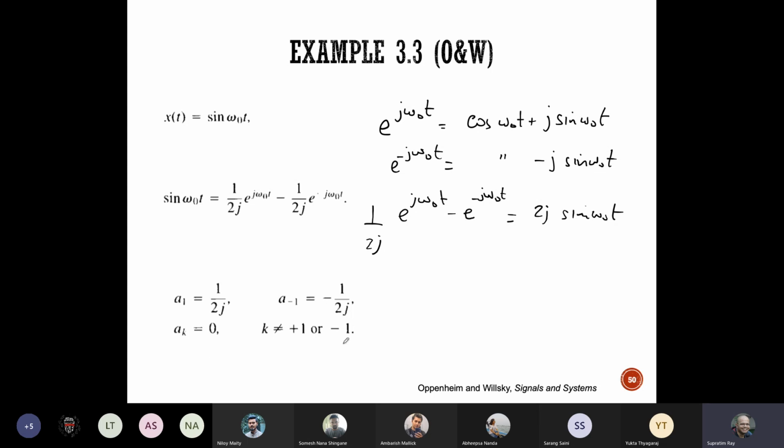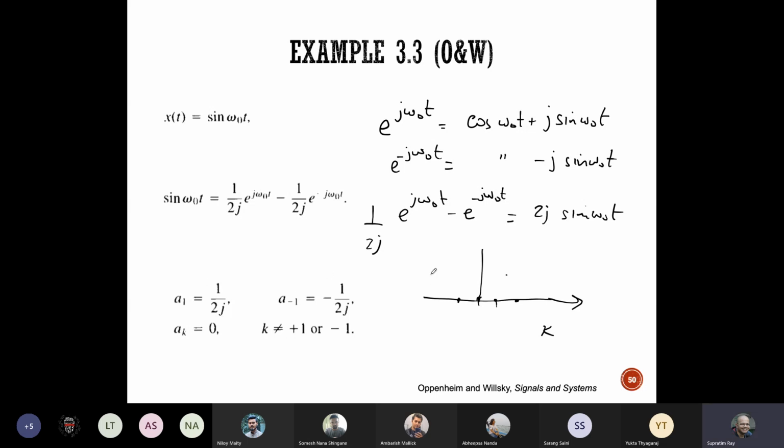Everything else is 0. So I can think of a way of writing the Fourier series as a plot against k. I will just put 1 by 2j here and minus 1 by 2j there, and everything else is 0.